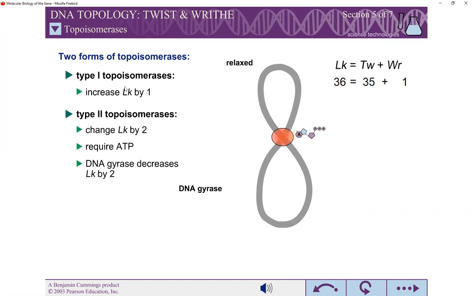And type 1 topoisomerase was introducing positive supercoiling, and in the other one, it was introducing negative supercoiling. Any doubt? Moving forward.